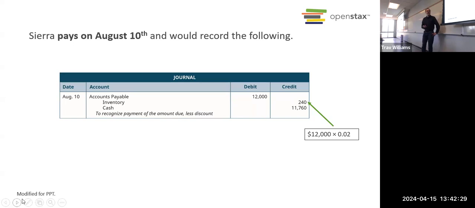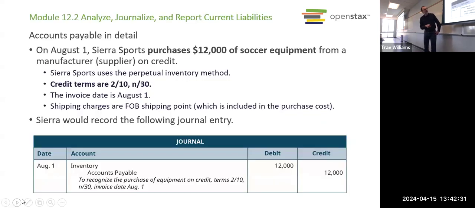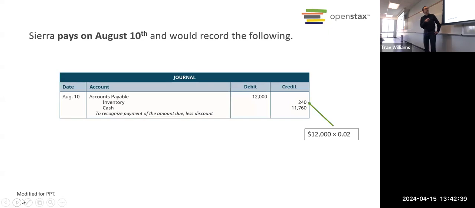That's right. They paid within that discount window, right? They had 10 days, and that would give them a 2% discount. So from August 1st, that gives them till the 11th. They got it in on time, so they get that 2% discount. How is that 2% applied? 2% of what?